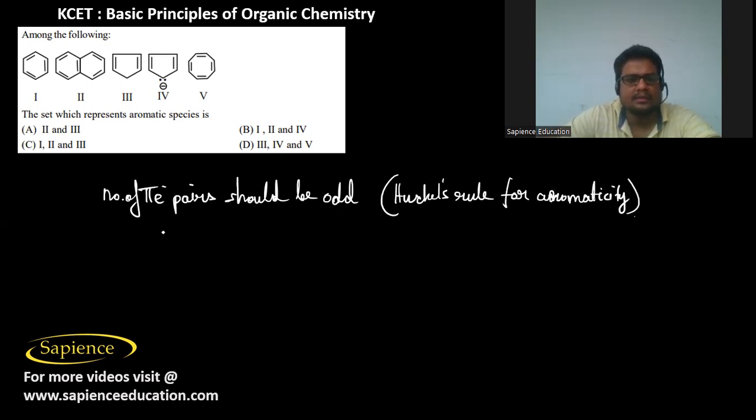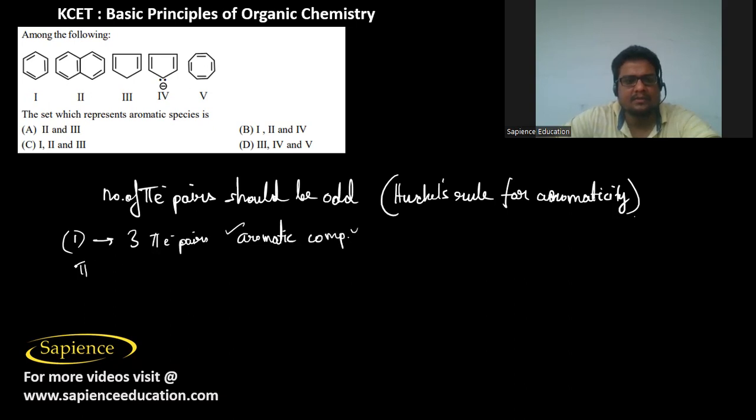So in the first one, here we have three pi electron pairs, since we have three double bonds. So yes, it is an aromatic compound.